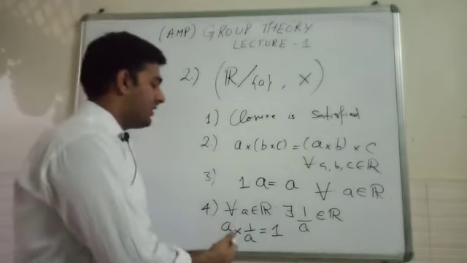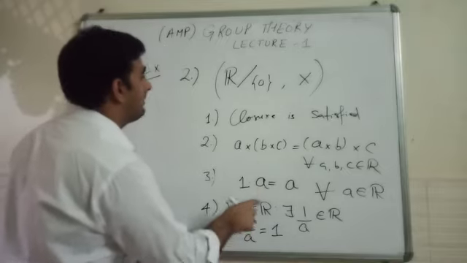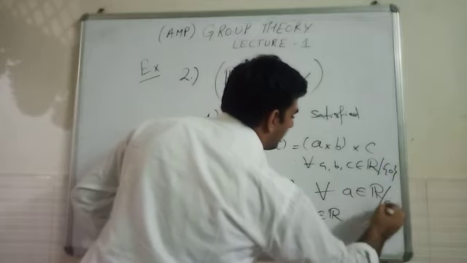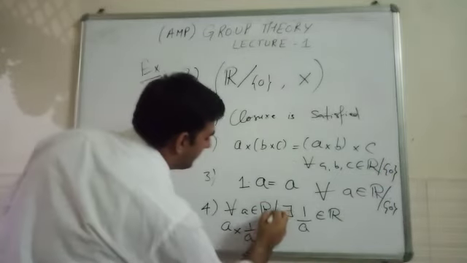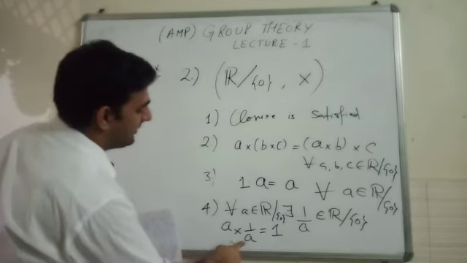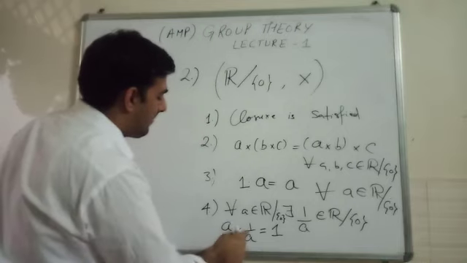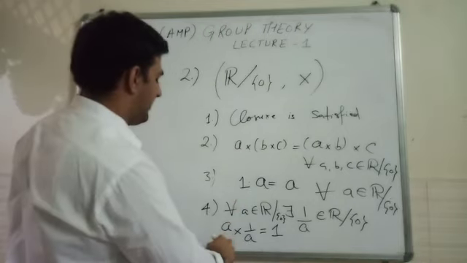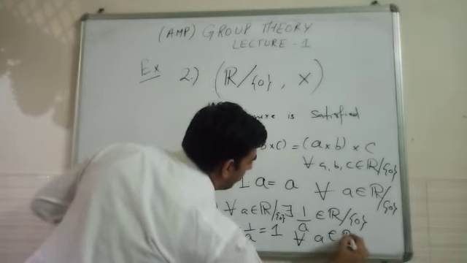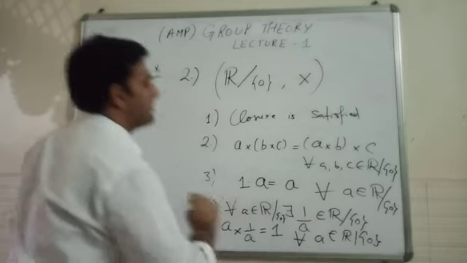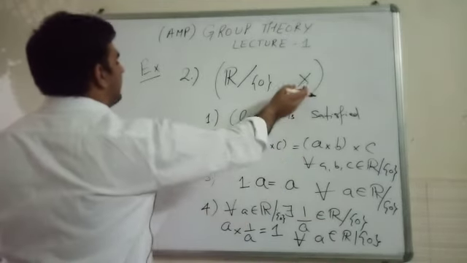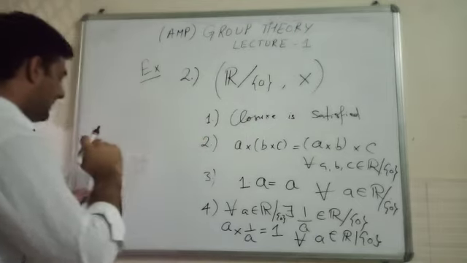Now this is not for every real number, I have 0 excluded, because if I included the 0, there would be a problem here, because you cannot divide by 0. So only non-zero real numbers have a multiplicative inverse. So this holds for all A in the real numbers excluding the 0. So real numbers excluding the 0 is a group with respect to the ordinary multiplication.